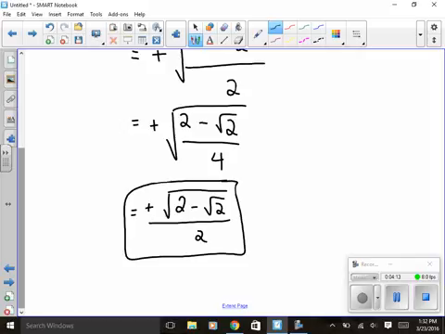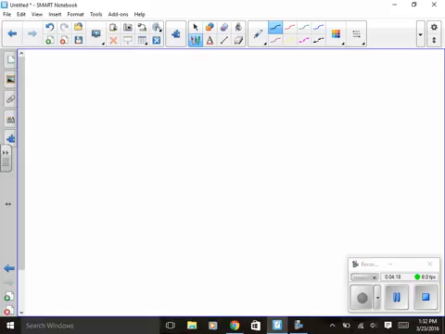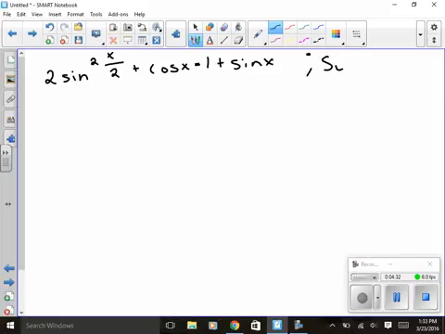Sometimes you'll be asked to solve equations using half identities. So for instance, if I had 2 sine squared of x over 2 plus cosine x equals 1 plus sine x, solve for x on the interval of 0 to 2 pi.